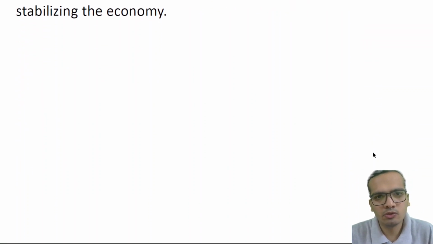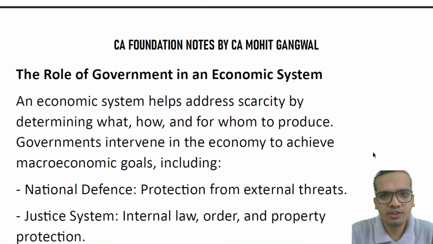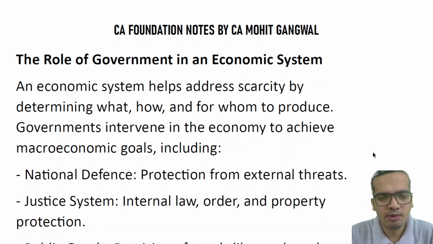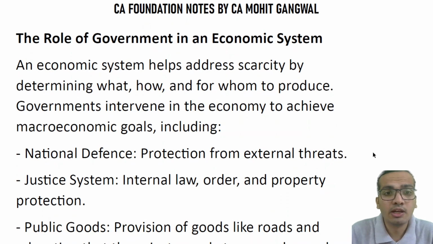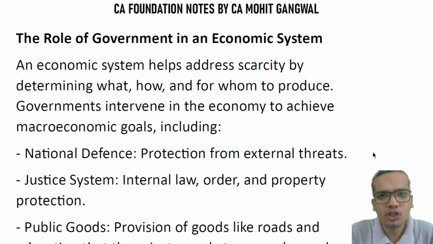So you might have seen the budget which is presented every year, which has all these areas about the economy, how the government is aiming to spend its money, and what are the policies and plans that the government is aiming to implement in the upcoming future. So here comes the second topic, the role of government in an economic system. An economic system helps address scarcity by determining what, how and for whom to produce.